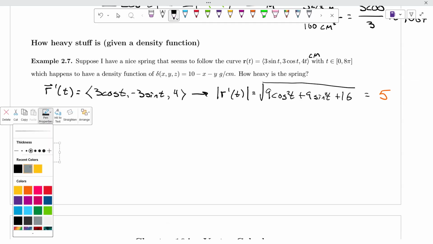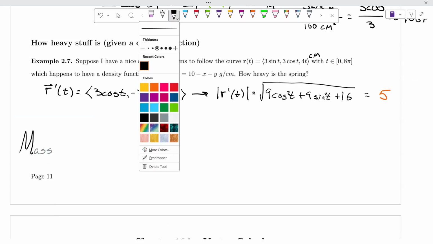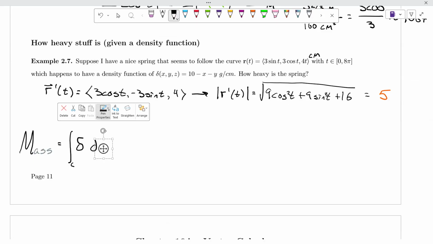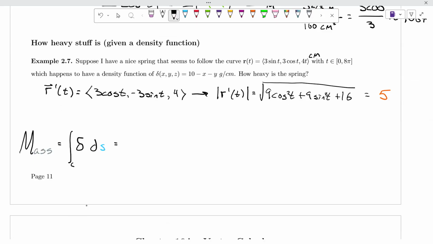Or newtons if I wanted to stay metric. But yeah, we'll call that the mass of this object is equal to the line integral of the density function times ds. Right, so if I just integrate my density over the curve, I ought to come up with the mass of the object.